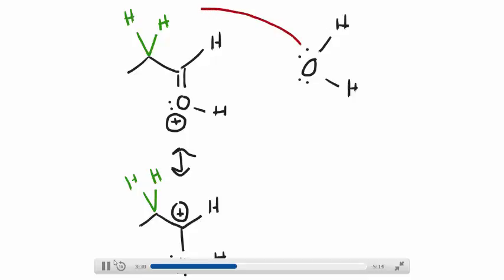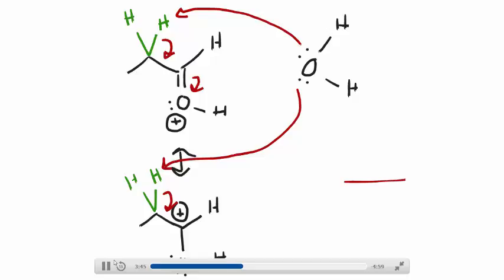So water removes the proton, and you take this pair of electrons, give it back, and you break the pi bond if you're using this resonance structure. If you're using the other one, take the proton on the alpha carbon, give the electrons back, make the pi bond. And we're going to end up, at the end of the day, with this enol. So that's exactly the same as what we've seen previously.